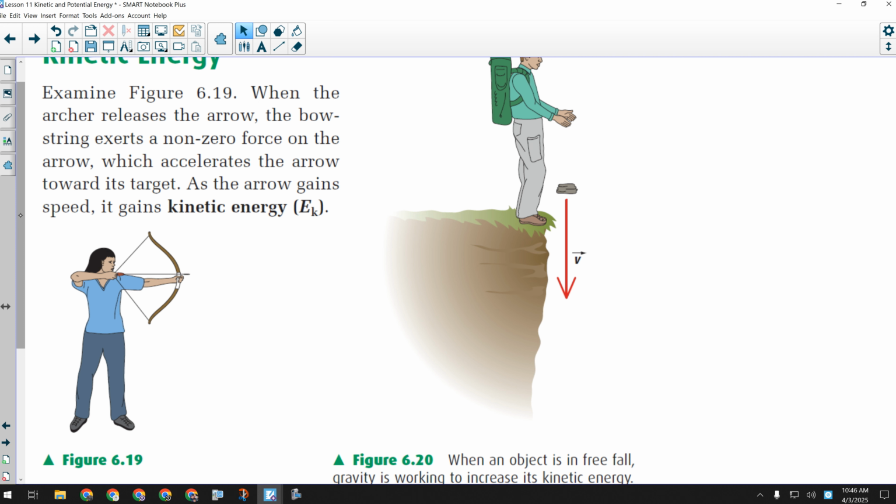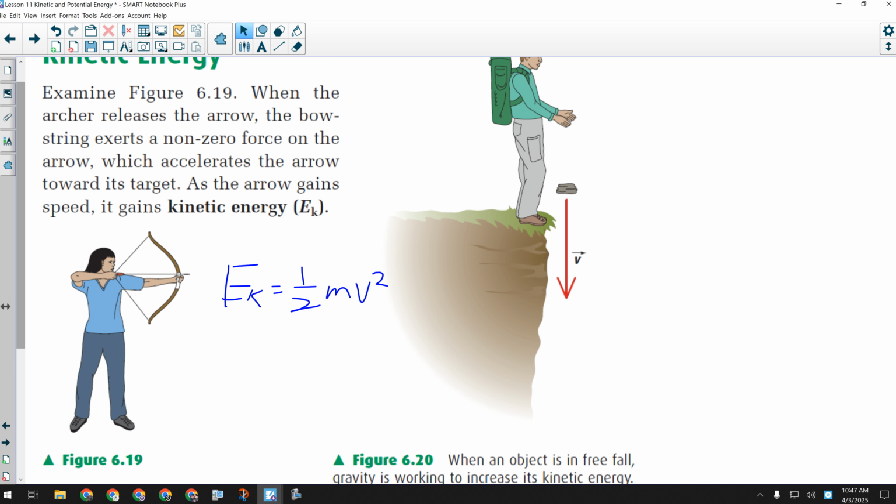Now, what's different about this relationship though? Yes, kinetic energy is affected by mass and velocity or speed, but which one has more effect? Velocity. Because it's squared. The other one is just linear, it's just m.